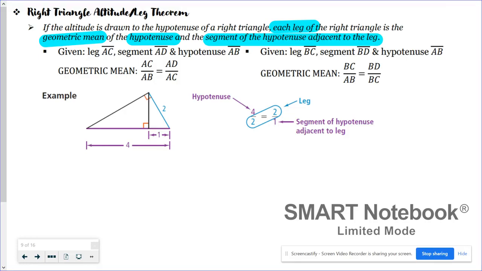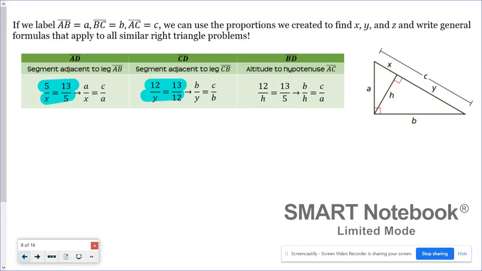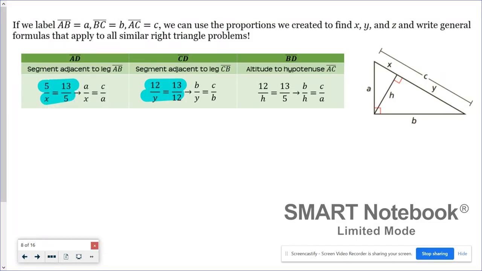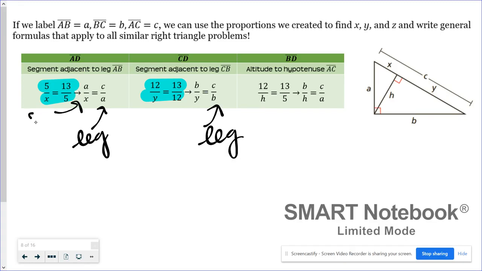And so going back to these proportions that you all created in our investigation, A is a leg, B is a leg, and they said it's the geometric mean between the hypotenuse and the segment adjacent.